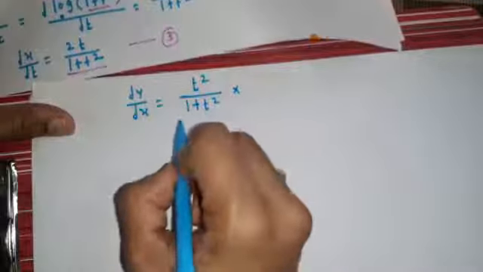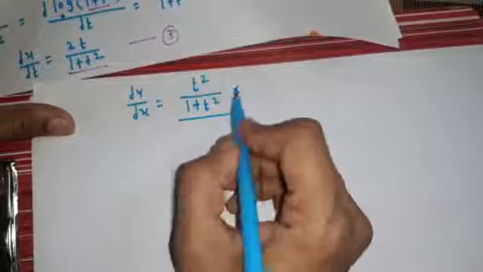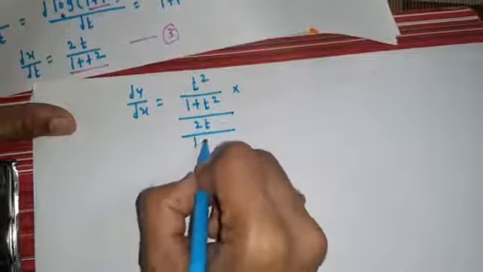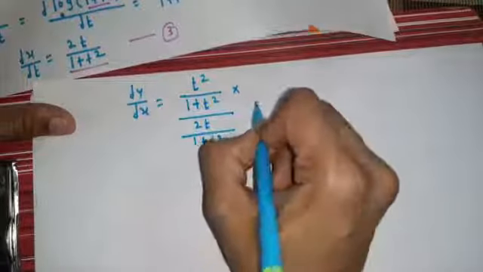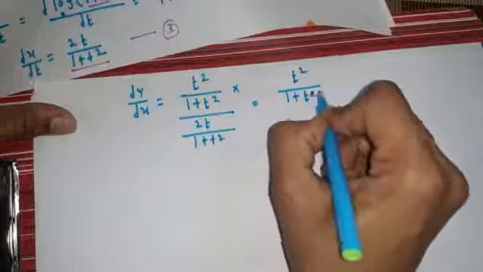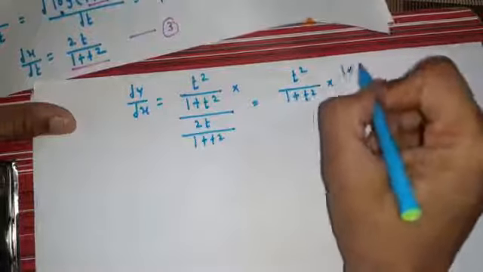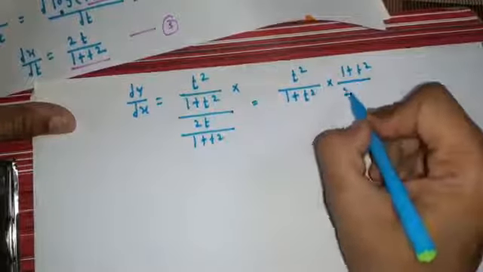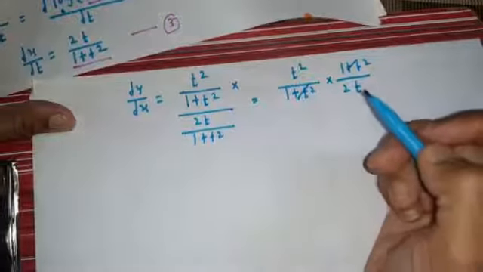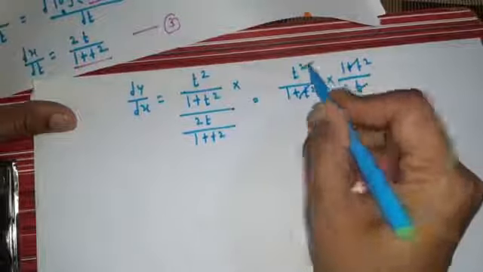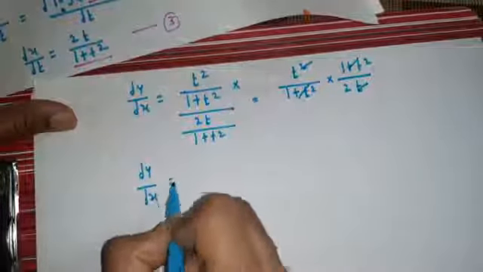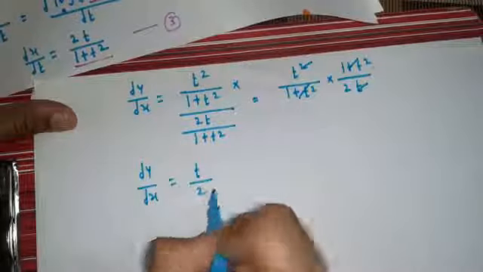Dx by dt is 2t upon 1 plus t square from 3, and this is equal to t square upon 1 plus t square into 1 plus t square upon 2t, and this 1 plus t square gets cancelled, this t gets cancelled, and here dy by dx is equal to t upon 2.